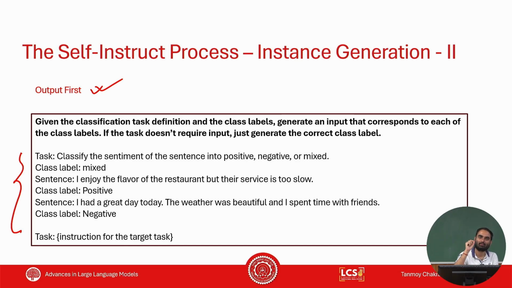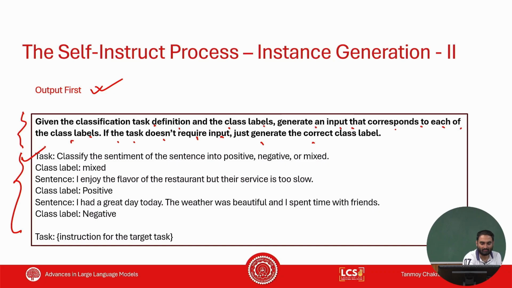In your output-first prompt, your output will be given first and then the corresponding instance. For example, let's say this is my task description: given the classification task definition and the class labels, generate an input that corresponds to each of the class labels. If the task doesn't require input, just generate the correct class label.